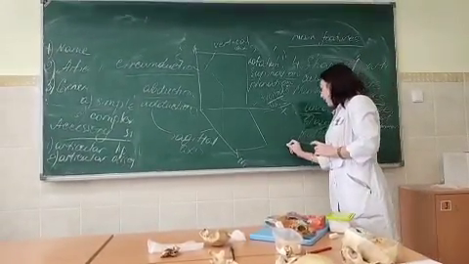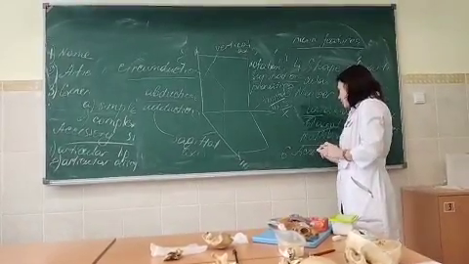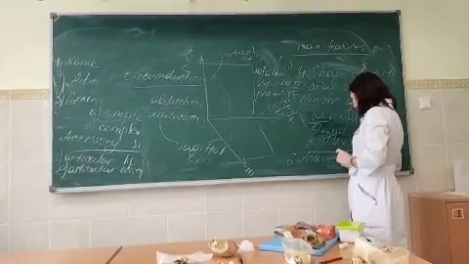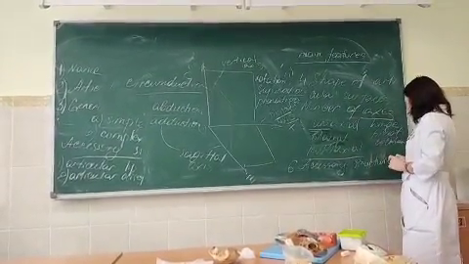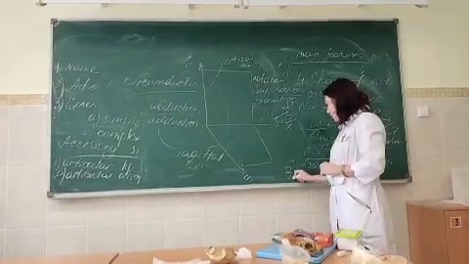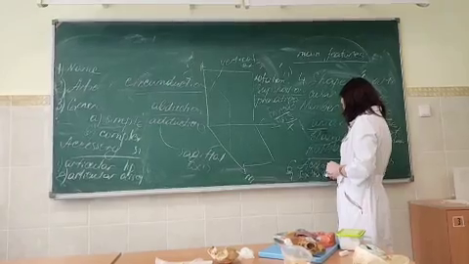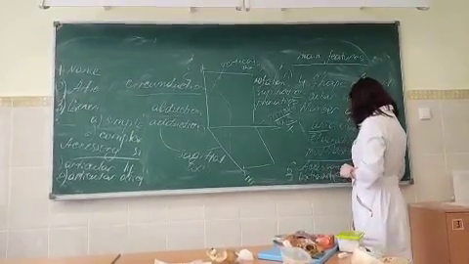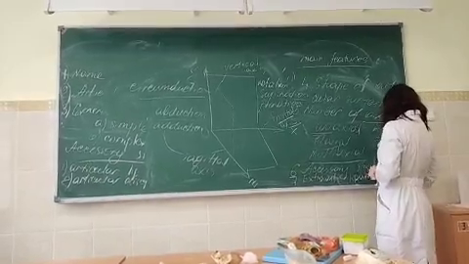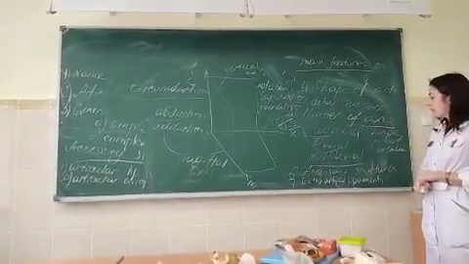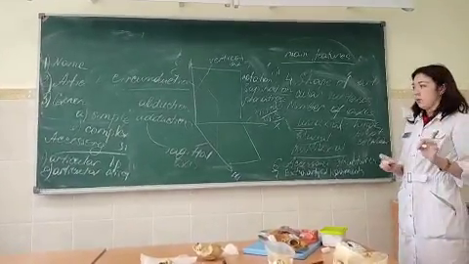Then you should say about accessory structures, if they are present, and then about extra-articular ligaments which reinforce the articular capsule. So that is the plan of description of a synovial joint.